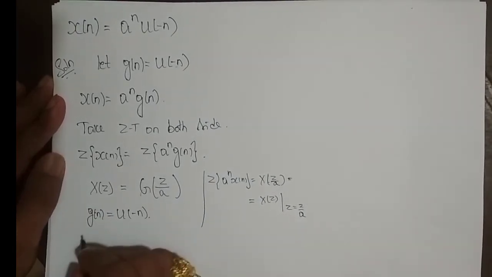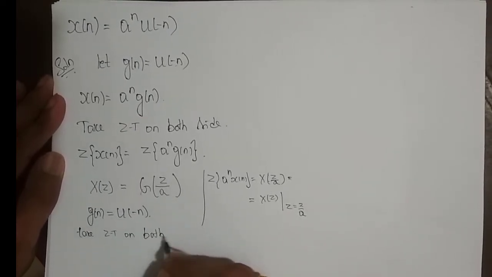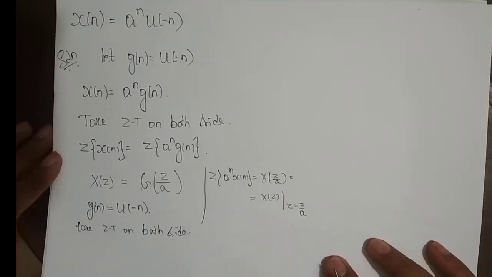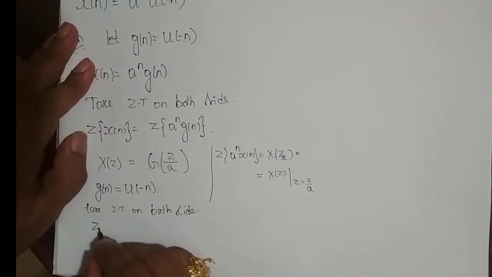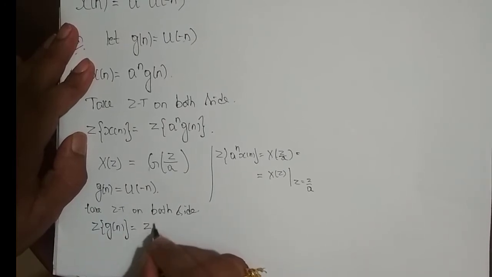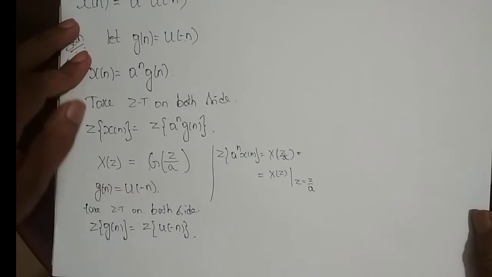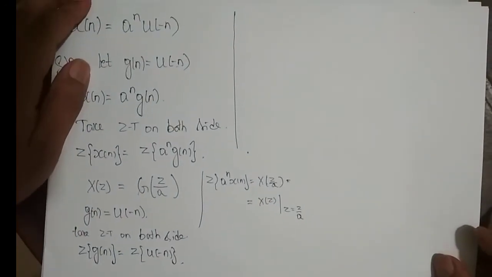Okay, if I take the z transform on both sides, so the z transform of g of n is equal to the z transform of u of minus n. Okay, so I'll just solve from here.